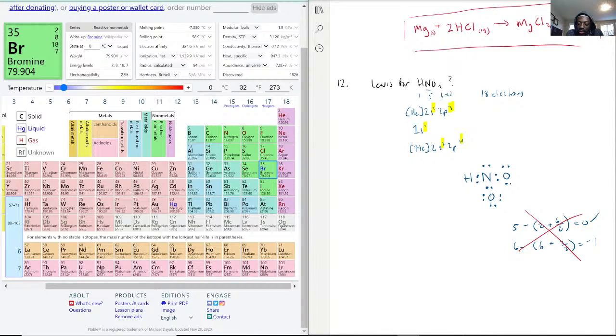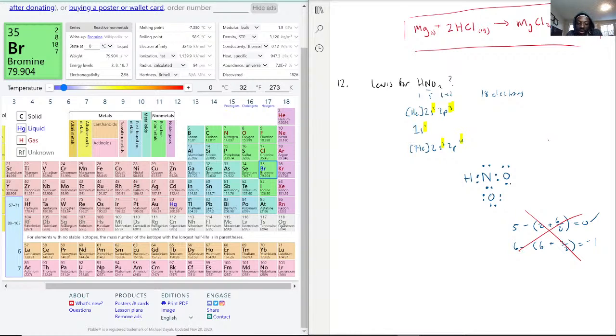So we have to redraw this in a way that would work. Let's move things around here. Let's see if the oxygen maybe. Actually, let's not put the oxygen in the middle yet. Is there any way we can move the bonds around?